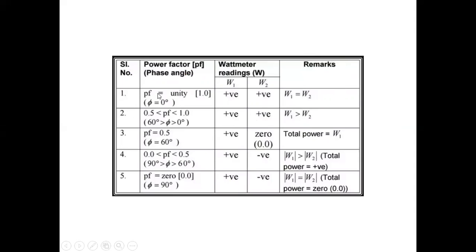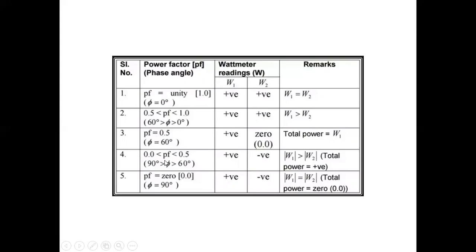This table gives the reading of the wattmeters as per the power factor angle. When the power factor is unity, both wattmeters show positive readings. If the power factor is between 0.5 and 1, both wattmeters show positive readings and W1 is greater than W2. If the power factor is 0.5, only one meter shows a reading and the second meter shows 0.